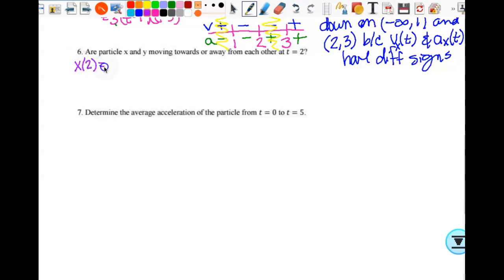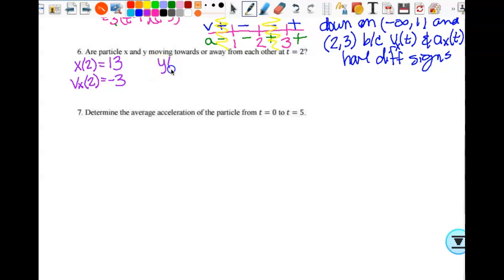Did we find x of 2 already somewhere? Look at all your stuff. Pretty sure we do. What is it? 13, okay, good. So we can just write down what it is. We don't have to go solve it again, right? Then I need the velocity of x at 2. I think we've already found that as well, right? What's that? Negative 3, okay.